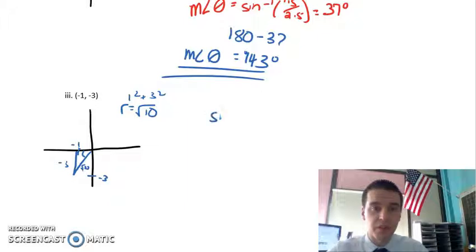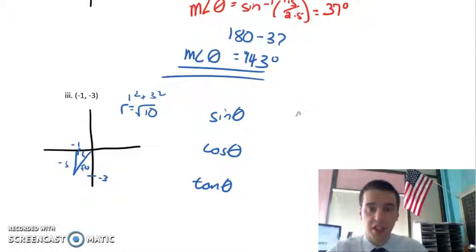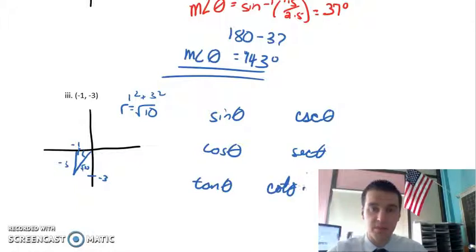And so sine theta, cosine theta, tan theta, and then again cosecant theta, secant theta, cotangent theta. And what is sine theta? -3 over square root of 10. Cosine, -1 over square root of 10.